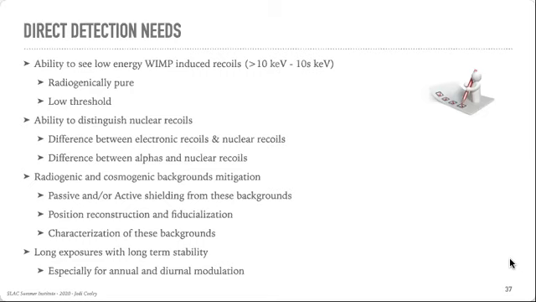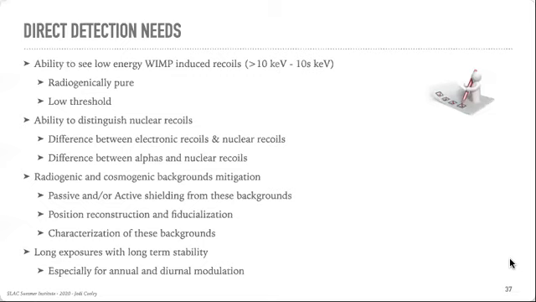We need the ability to distinguish nuclear recoils. We need the ability to mitigate radiogenic and cosmogenic backgrounds. And we need long exposures, and long-term stability. If you have a long exposure but your detector is not stable, that's also a mess. This becomes really essential when you're doing modulation searches or diurnal searches.